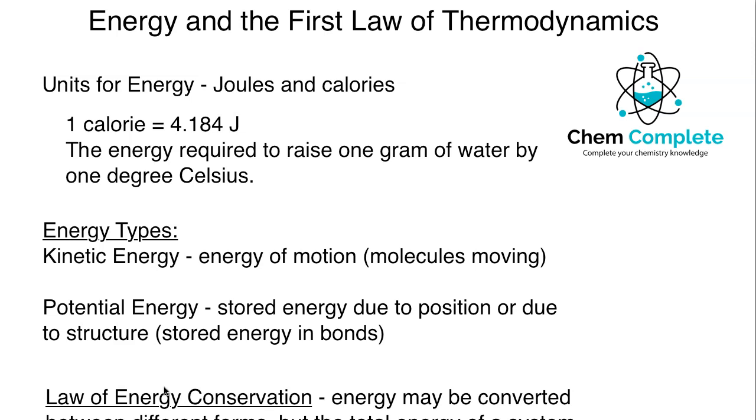More specifically, we're looking at the bonds that are making up specific molecules, so the stored energy that is found in those bonds. And that is how food works. When we consume food for energy, a lot of people in the general public just know, oh, you have to eat and that gives you energy. But it's really, when we look at the carbohydrates and the fats and the proteins that make up the food, we end up with stored energy in those chemical bonds.